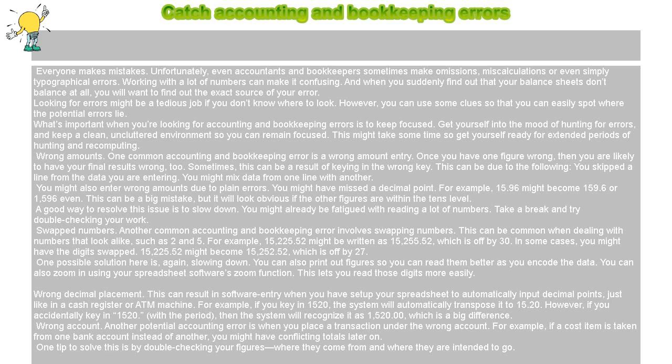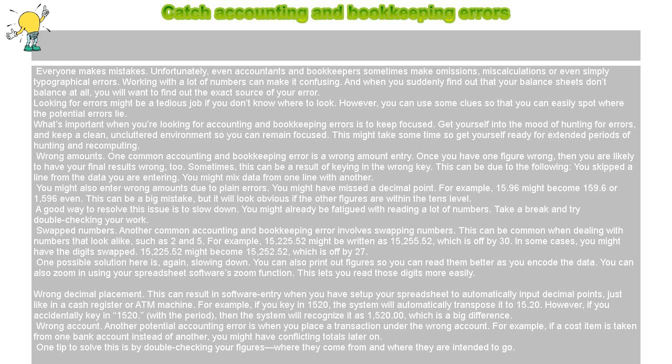One possible solution here is, again, slowing down. You can also print out figures so you can read them better as you encode the data. You can also zoom in using your spreadsheet software's zoom function. This lets you read those digits more easily.